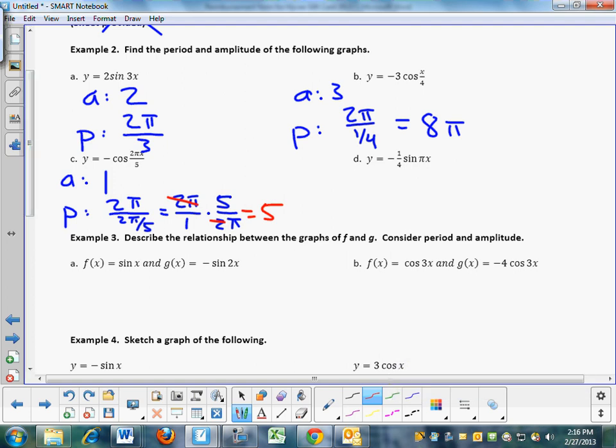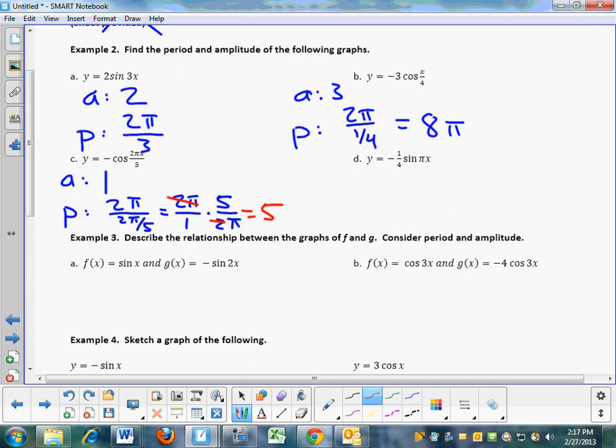It's always 2 pi. And the reason why is 2 pi is the basis for the period for the parent function. So that's always where we start. Sine and cosine repeat themselves every 2 pi. So if you notice, if there's an integer in here that's greater than 1, like 2 pi over 3, is it going to repeat itself more often or less often?